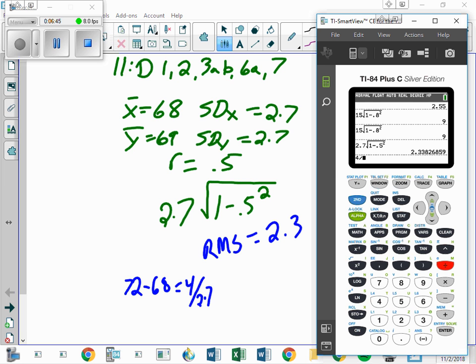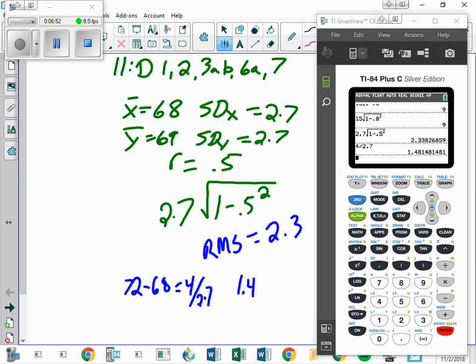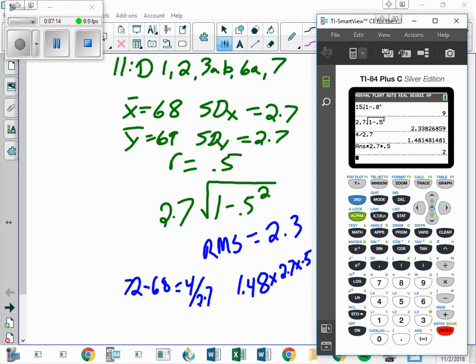This is essentially a z-score for x, so he is 1.48 SDs taller than average. Now I need to multiply that by my SDY, which is 2.7, and my r value, which is 0.5. So this number times 2.7 times 0.5 equals what?